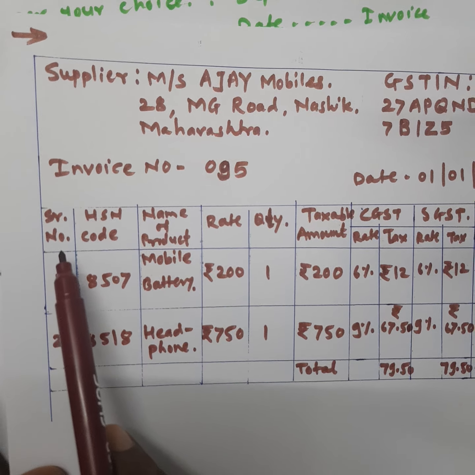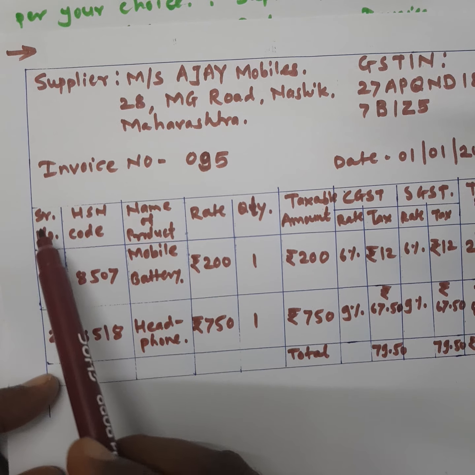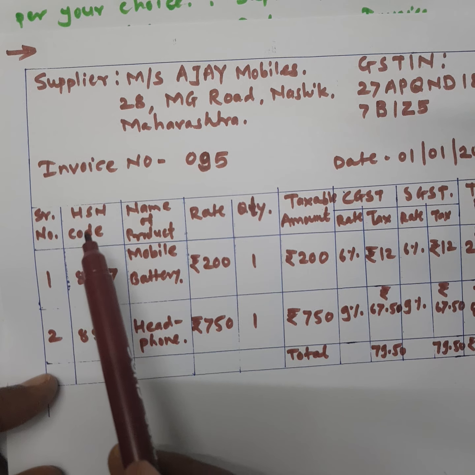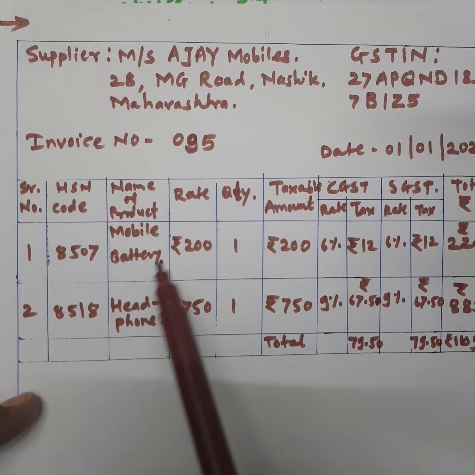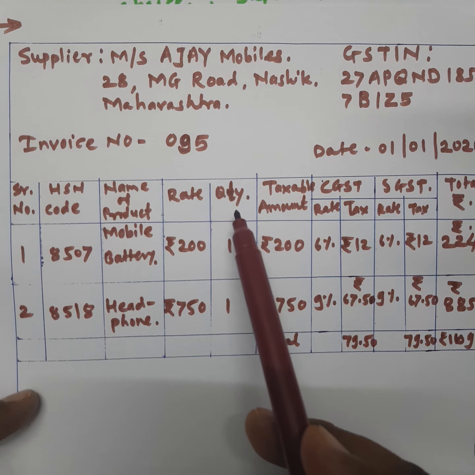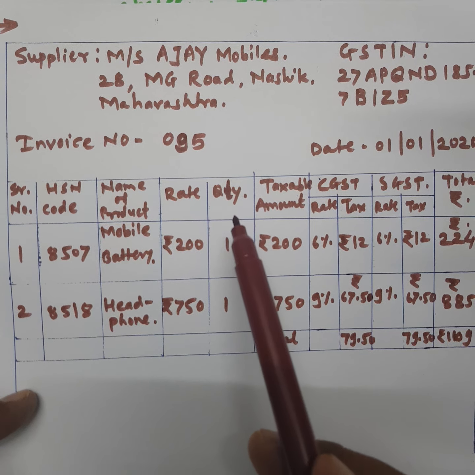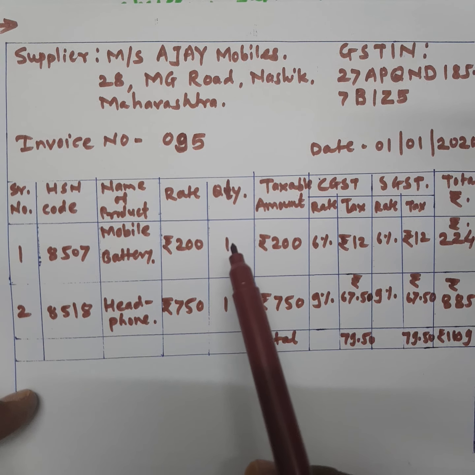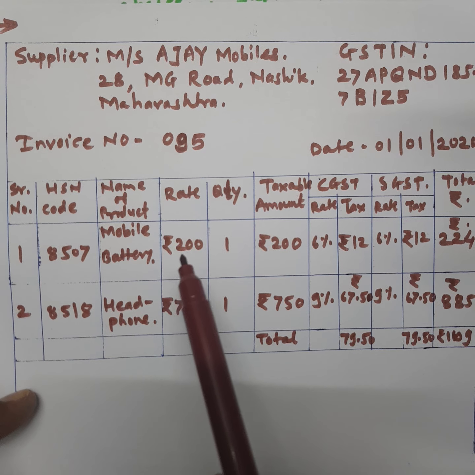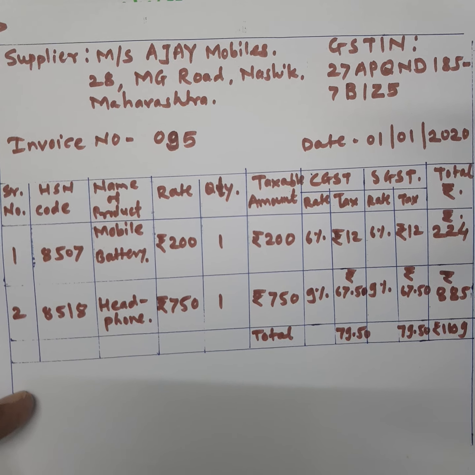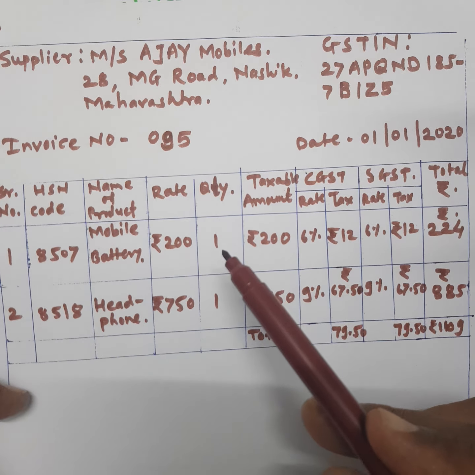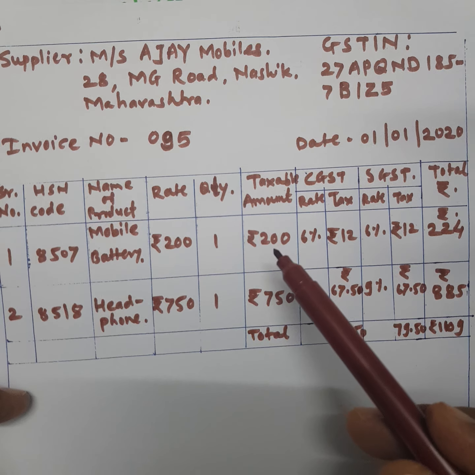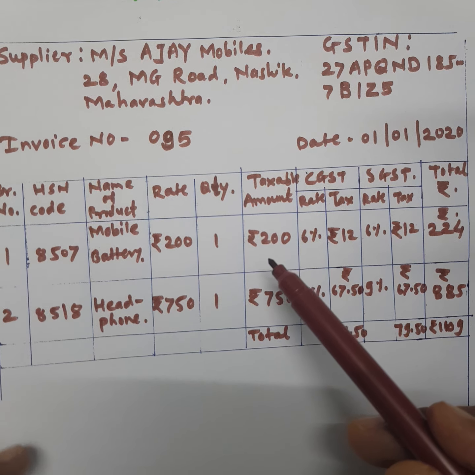Then the columns, see again: first column is serial number, second is HSN code, then name of the product, rate, quantity, how much quantity. If he purchased 2 mobile batteries, then write 2, and the taxable amount will be 400 rupees. But here he purchased only 1 battery, therefore the taxable amount is rupees 200.